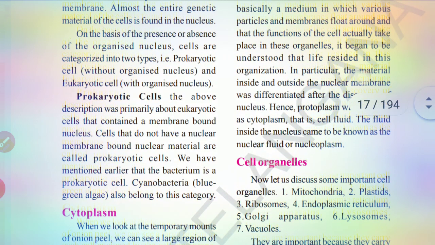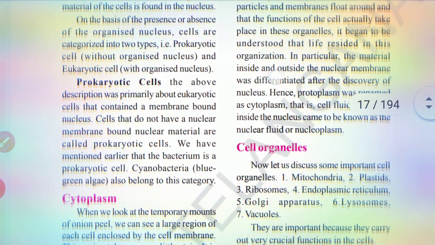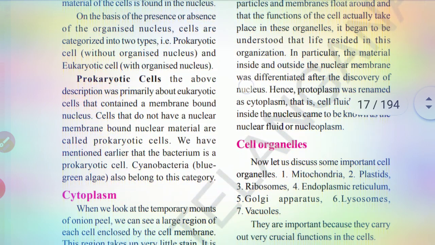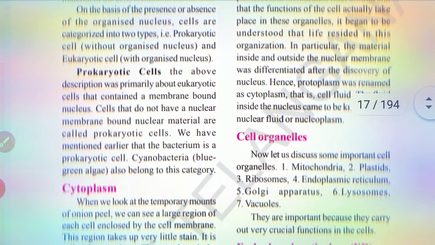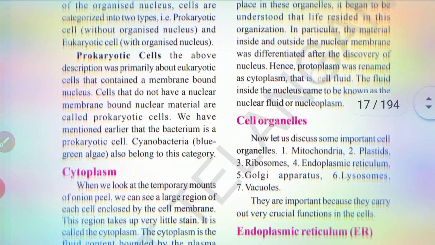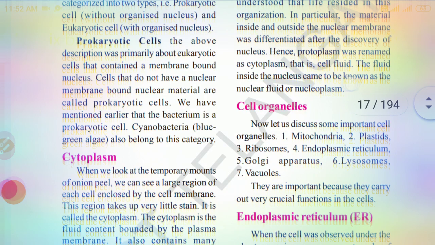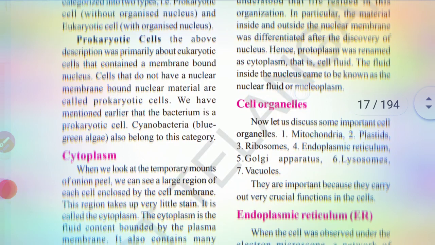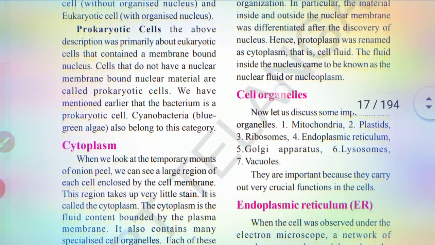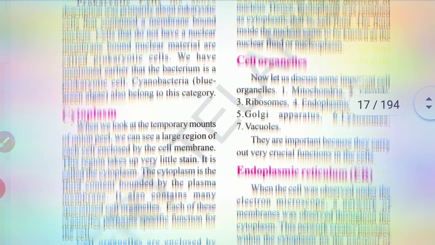In particular, the material inside and outside the nuclear membrane was differentiated after the discovery of the nucleus. Hence, protoplasm was renamed as cytoplasm, that is cell fluid. The fluid inside the nucleus came to be known as the nuclear fluid or nucleoplasm.